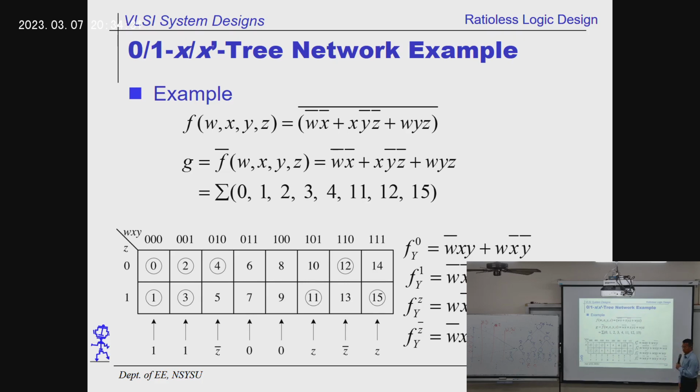Basically, we have path number 1 for 0 input, path number 2 for 1 input, path number 3 for Z, number 4 for Z bar. If we don't check the answer, we can directly come out with a circuit which will function but not be pretty, looking like this.